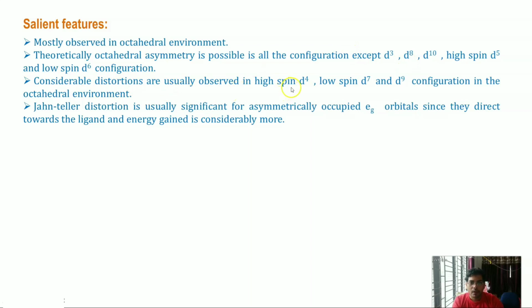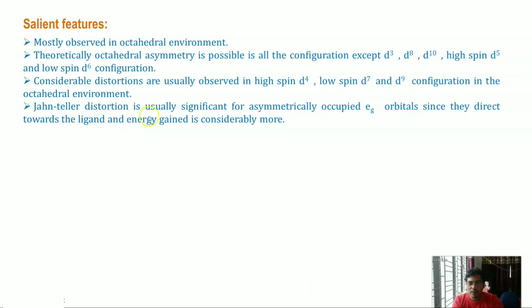Now for high spin d4, if you put the electrons in, then t2g will be occupied with three electrons, whereas eg will be occupied with only one electron. So this will be termed asymmetrically occupied. Similarly for low spin d7 and low spin d9 configurations.